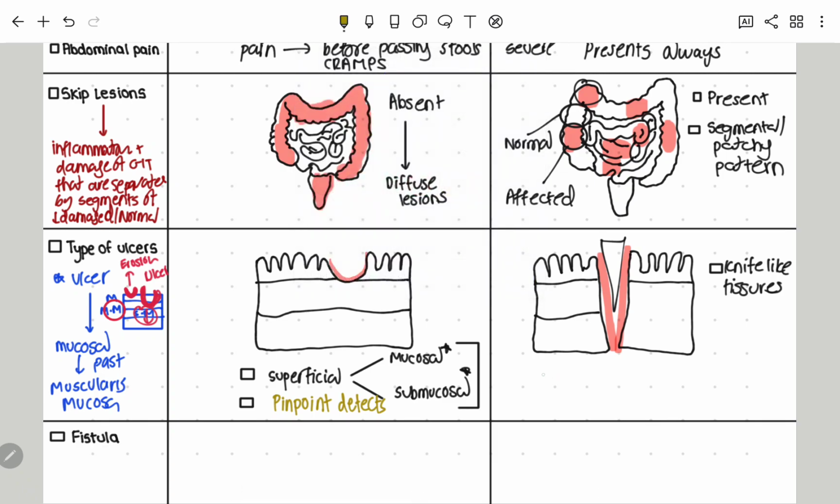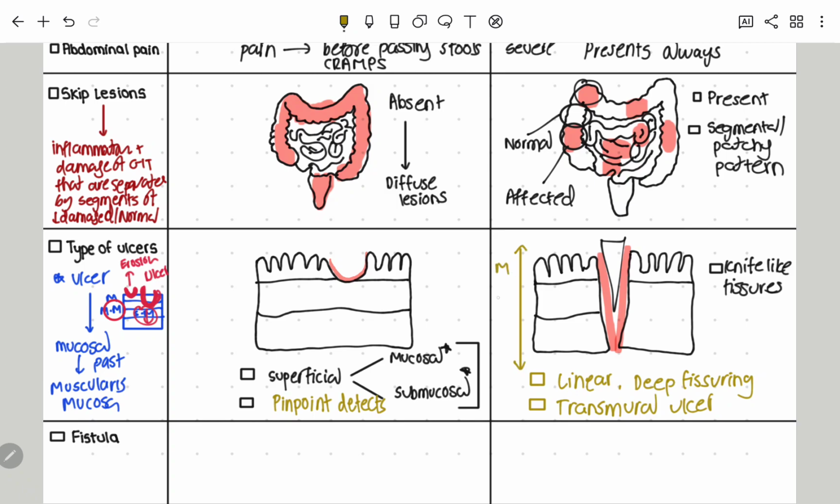These morphologically, at the microscopic level, are usually linear and they are deep fissuring. And the term that is used to describe these defects is transmural ulcers. So you can see that this runs through all of the layers that make up the bowel wall.